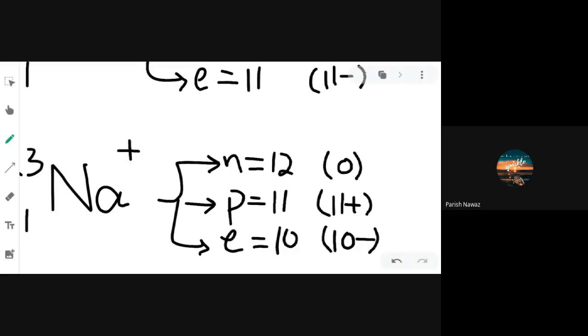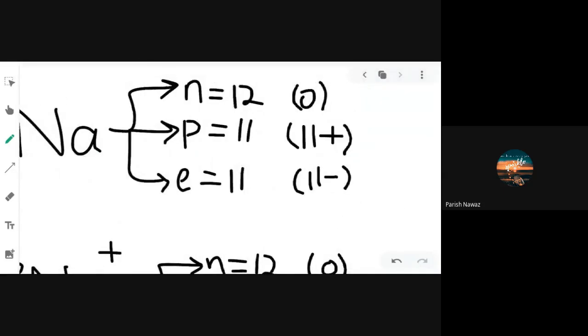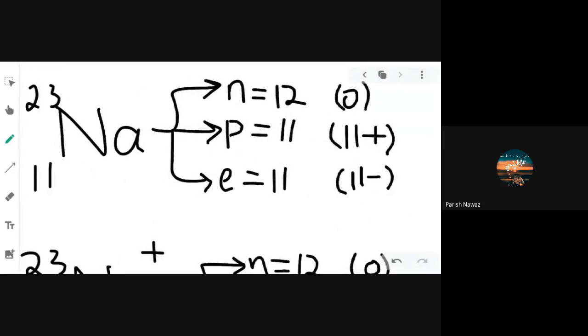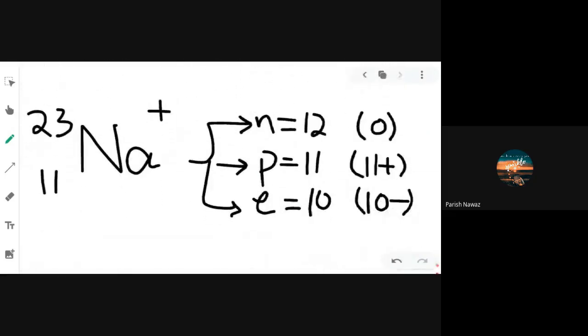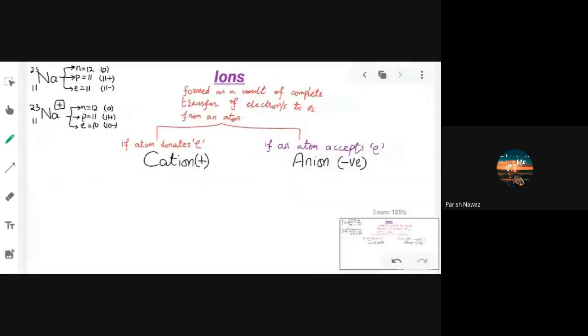Here, it does not contain any charge because it was neutral, 11 positive and 11 negative charge. Therefore, I had written nothing over there. But here, it carries 11 positive and 10 negative charges. That is why I have written one positive over here. Did you understand why cations are positive?